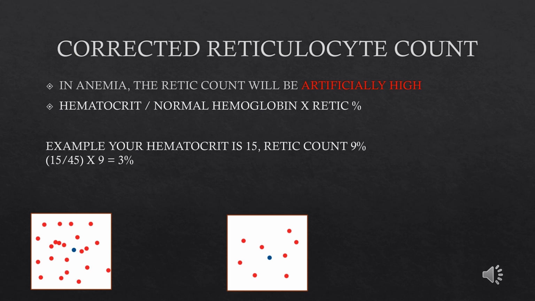So it's not correct, because they have the same number of reticulocytes but different RBC counts, so it differentiates. This is what we use then.